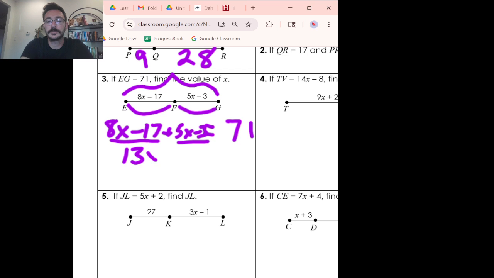The x's go together, the constants, negative 17, negative 3. Try to get x by itself, we'd solve from there. And obviously, if you need algebra help, I think I have past videos on equation solving.